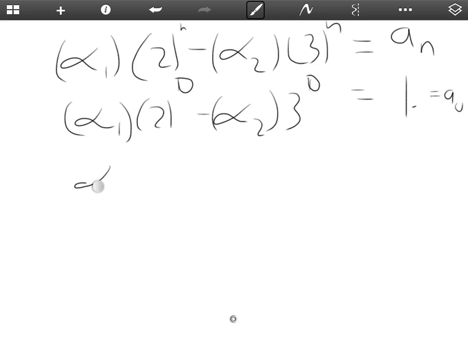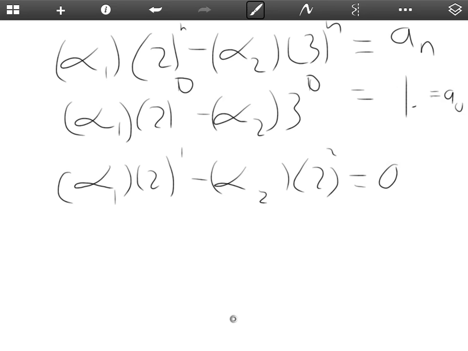And we also have sigma 1 times 2 to the 1 minus sigma 2 times 3 to the 1 is equal to 0. So we have these two equations, and let's solve for them really fast. Using the first equation, sigma 1 minus sigma 2 is equal to 1.